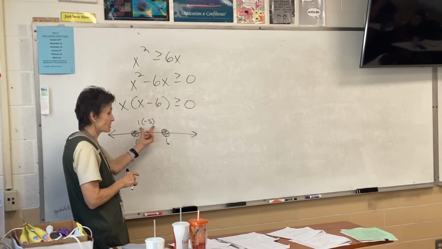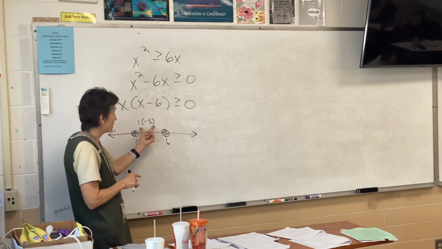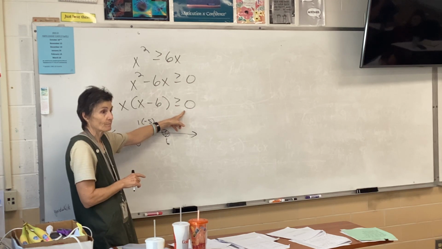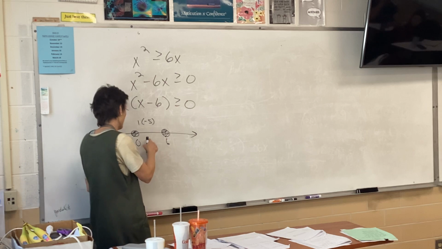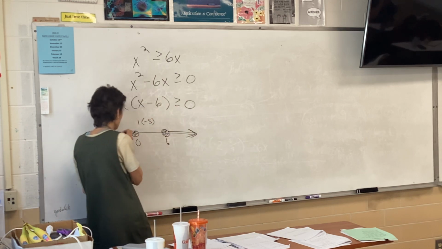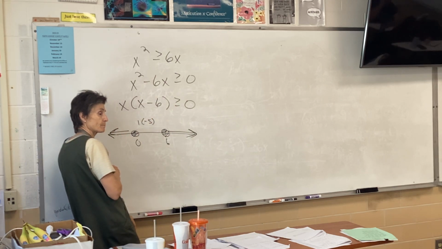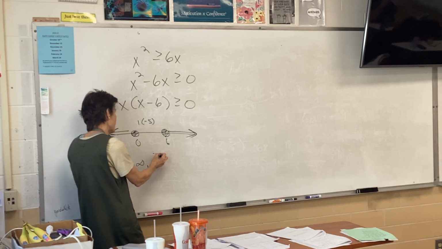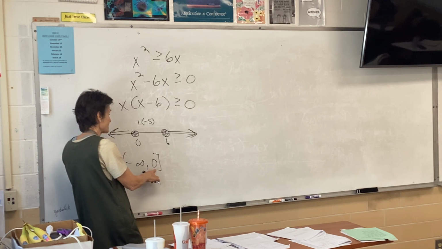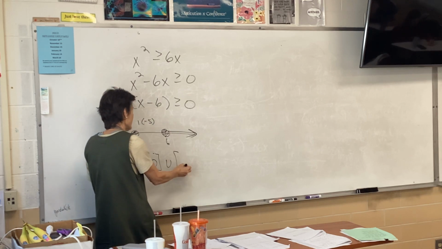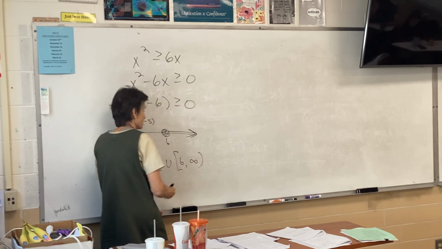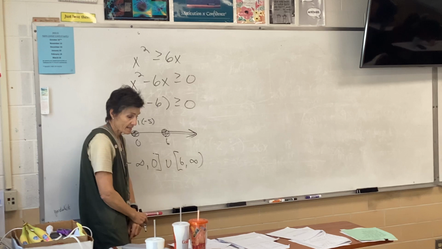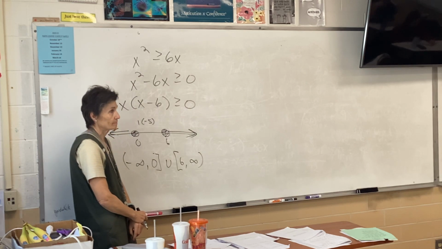Is that answer, 1 times negative 5, bigger than 0? Nope. So don't shade there, shade here and here instead. So negative infinity to 0, use a bracket on that 0, and a bracket on your 6. That's the answer to the question.